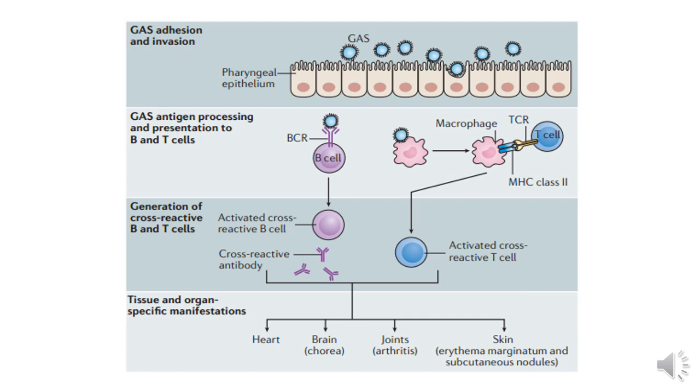Once it's inside the cells and encountered in the bloodstream, this GAS antigen is processed and presented to the B cells and the T cells, which in turn leads to the generation of cross-reactivity and the development of antibodies, an autoimmune complex targeting the heart, the brain, the joints, and the skin.